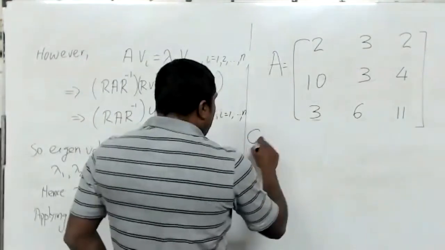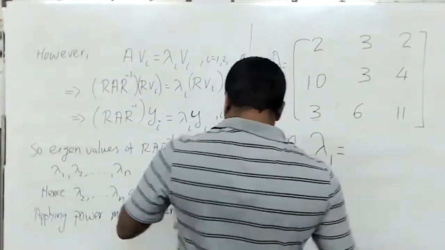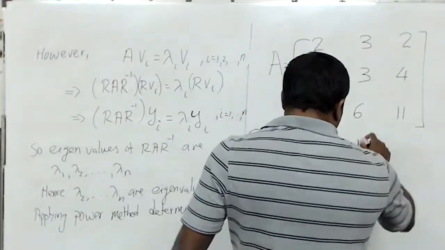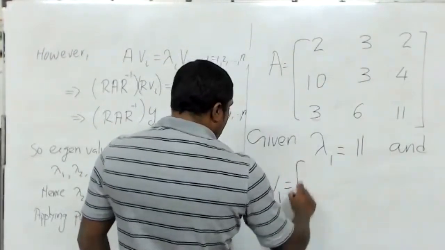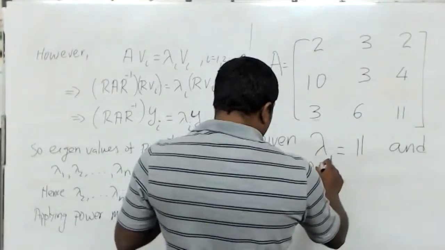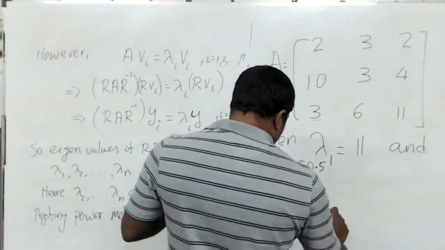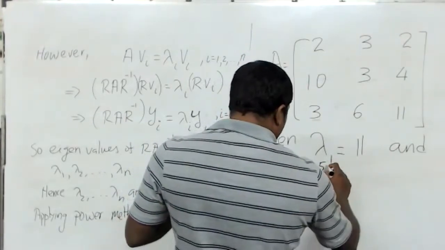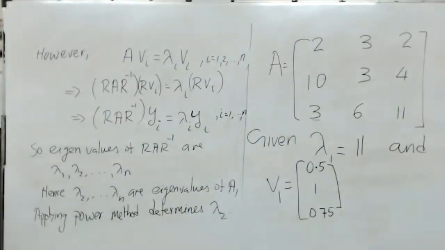So given lambda 1 is 11 and V1 is (0.5, 1, 0.75).